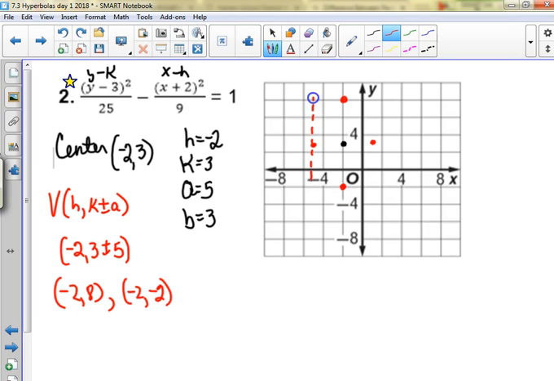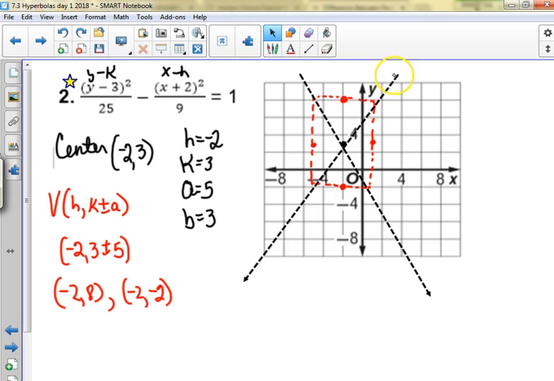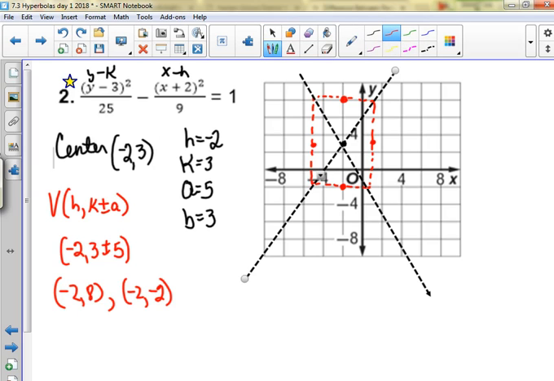Draw your rectangle. Instead of the ellipse, you're drawing a rectangle. Then you're going to put in your asymptotes. Yes, I'm cheating. Your asymptotes should intersect where?